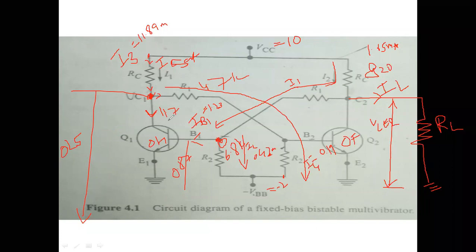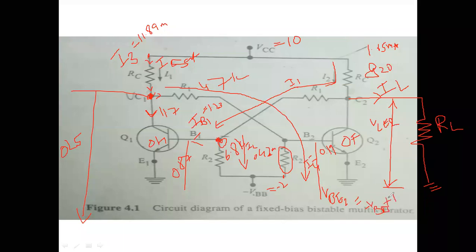Around 11.7 milliamperes. Now, to find VBE, similar to the previous one, for an off transistor, VBE or VBE2 is the drop across this resistance, that is I4 into R2, plus the minus VBB voltage.